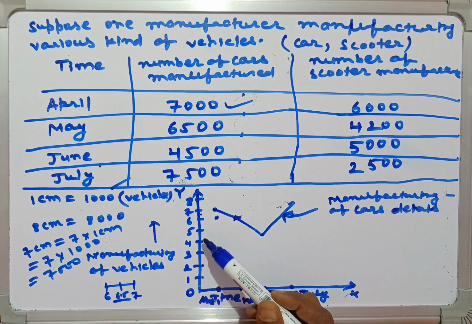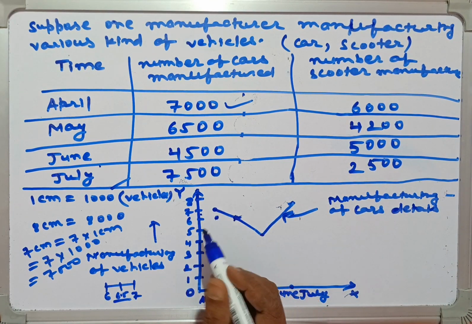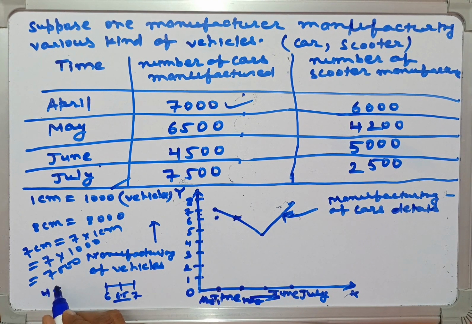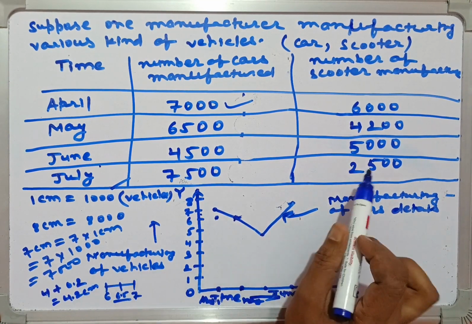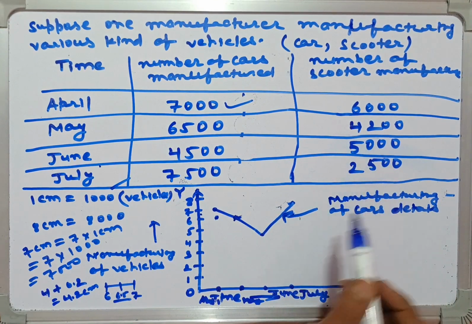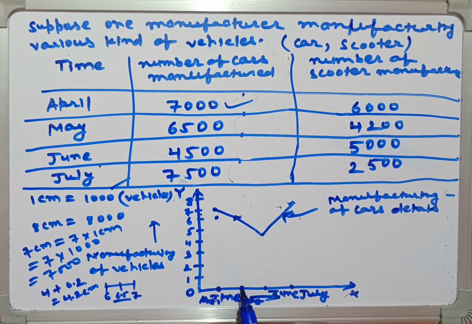In this vertical line, 4 plus 0.2, so 4.2 centimeter represents 4200. We come first to this point, and this point is near about here.